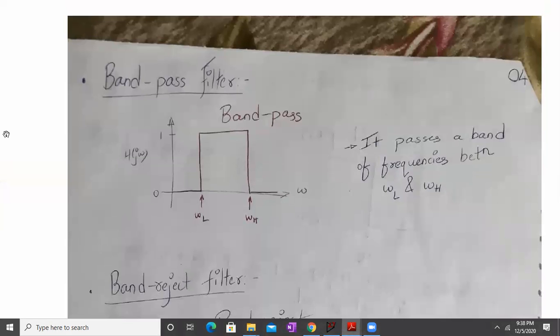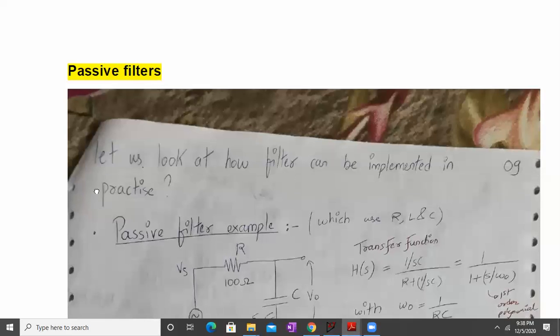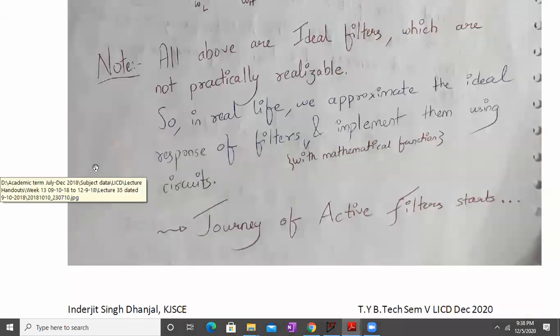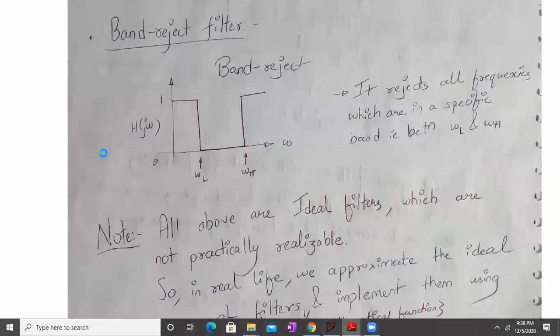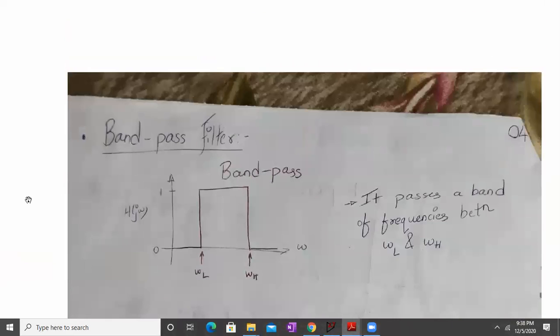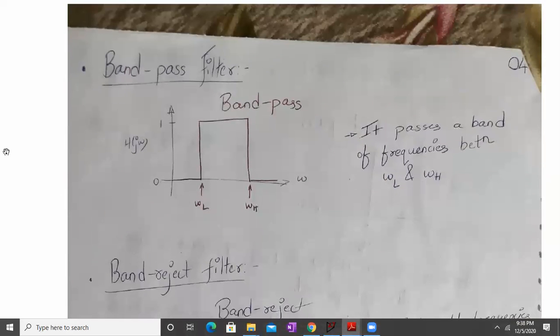Now, third is the band pass filter ideal response. This is the ideal response, just like a step. I should have written the pass band and stop band also. Here in between you have your pass band, and above and below is my stop band.